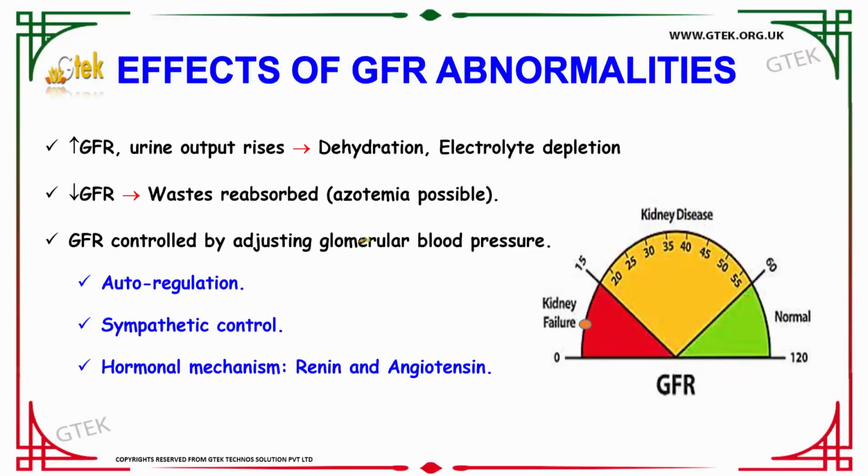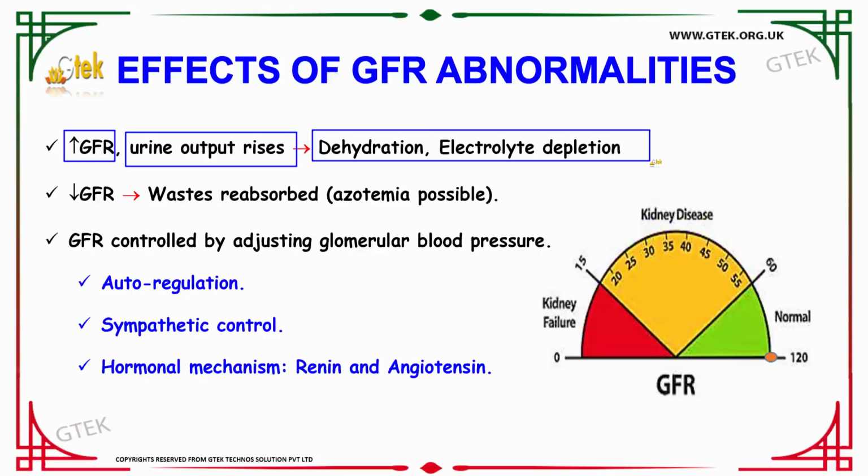Now we are going to see the effects of GFR abnormalities. If your filtration rate is more, then the urine output rises. An increase in urine output leads to dehydration of your body and electrolyte depletion.